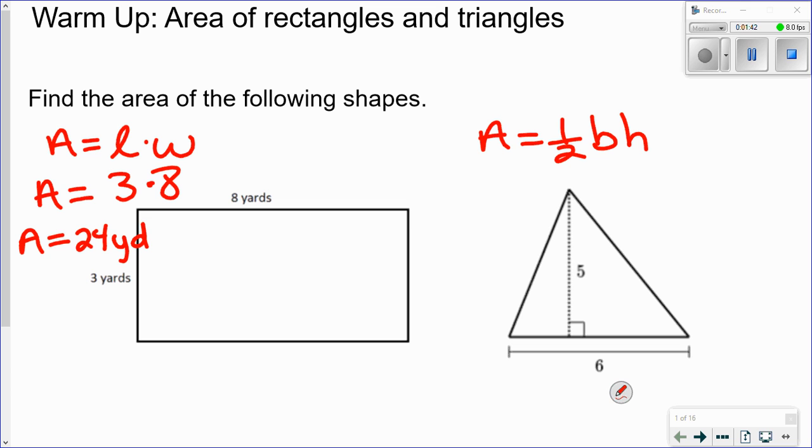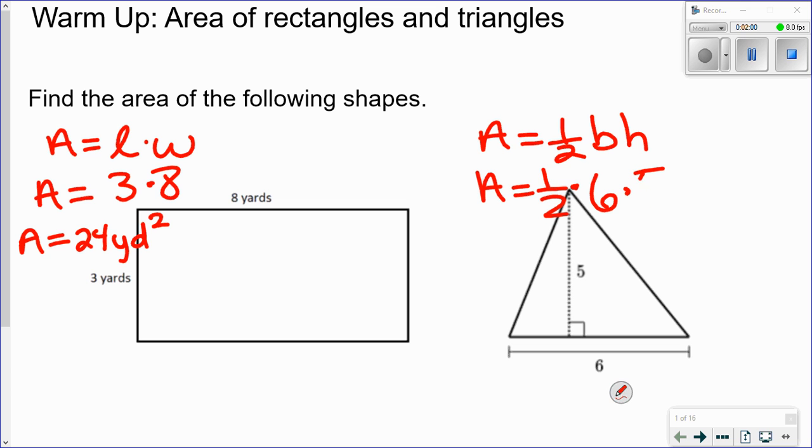If you did not get 24 square yards, please at this time go ahead and adjust accordingly.